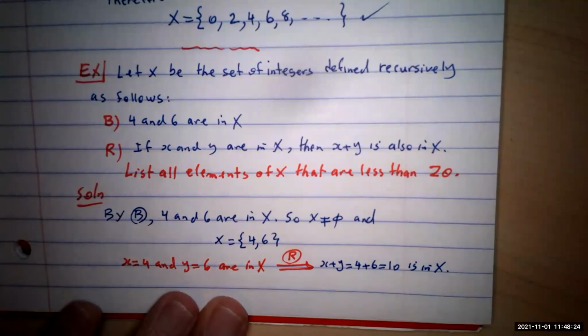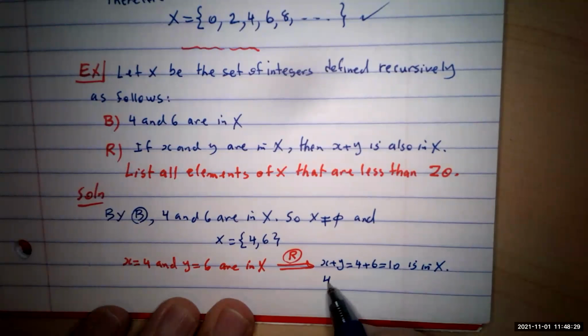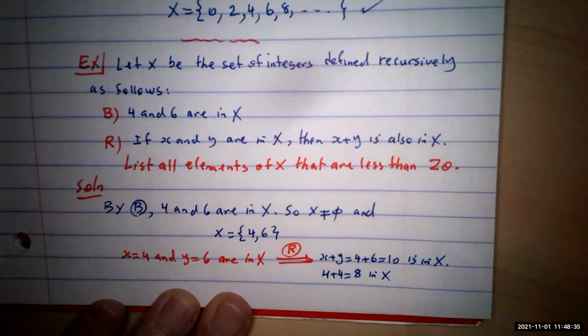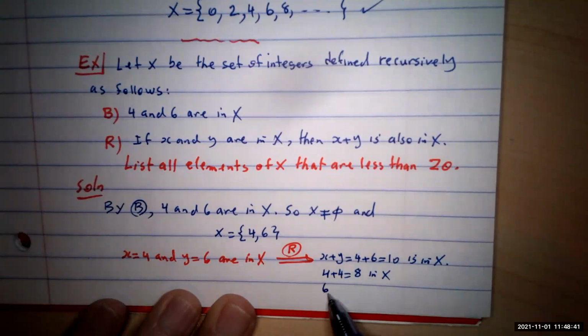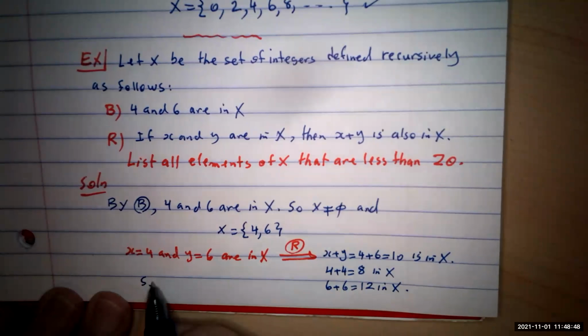You can have more possibilities. 4 plus 4, which is 8, is in X. They didn't say X and Y are going to be different. They say X and Y. You can have one more. 6 plus 6, 12 is in X. So what do you have so far?